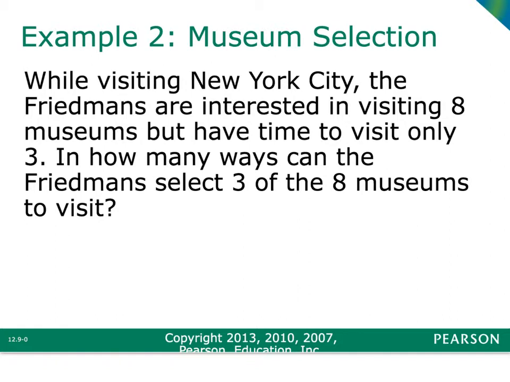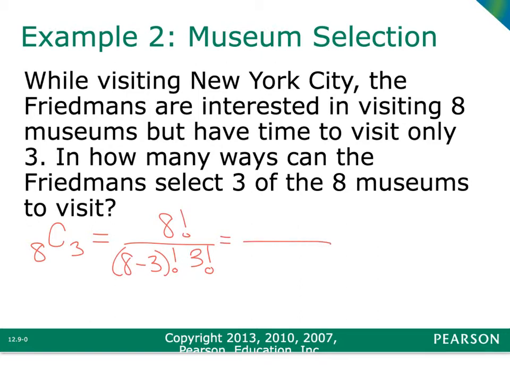If you were doing this by hand, you would write 8 combination 3. In your numerator, you would have 8 factorial. In your denominator, you would have 8 minus 3 factorial times 3 factorial. So that would be 8 factorial divided by 5 factorial times 3 factorial.